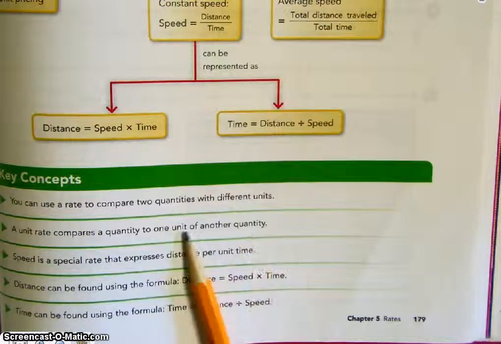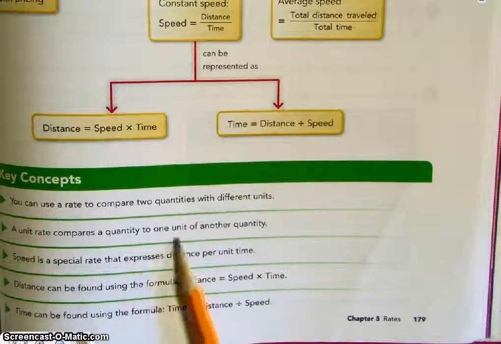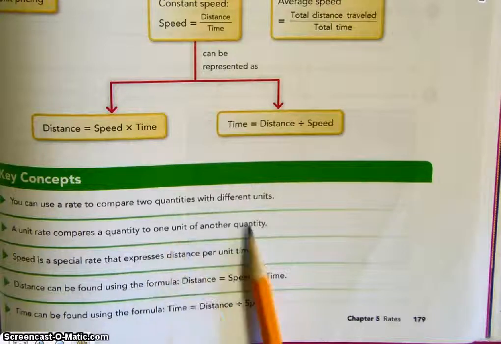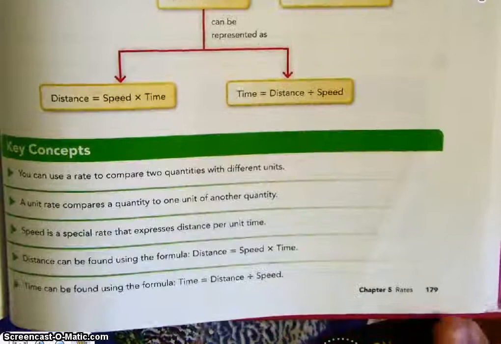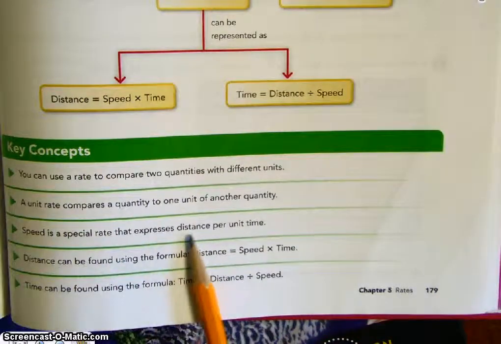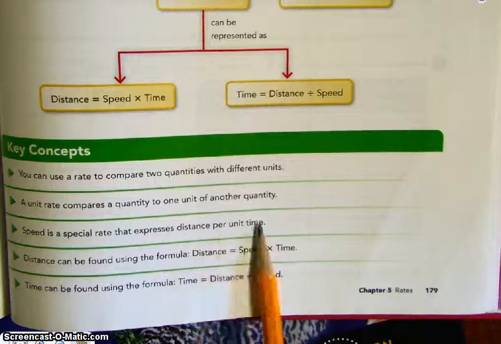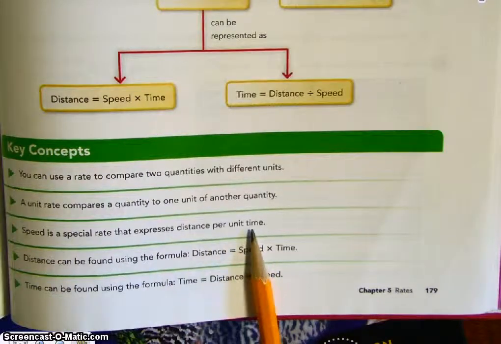So we talked about how one of those is broken down into 1 unit, 26 gallons per hour. So that would be 1 hour. Then the next one is speed is a special rate that expresses the distance per unit of time. Miles would be the distance, per hour would be the time.